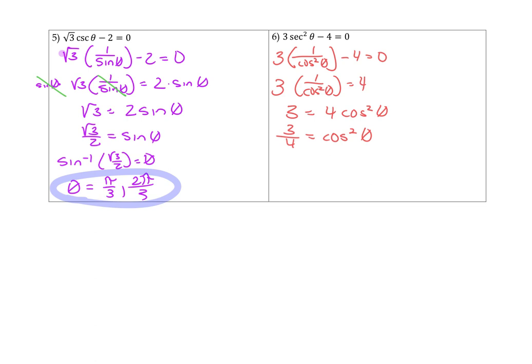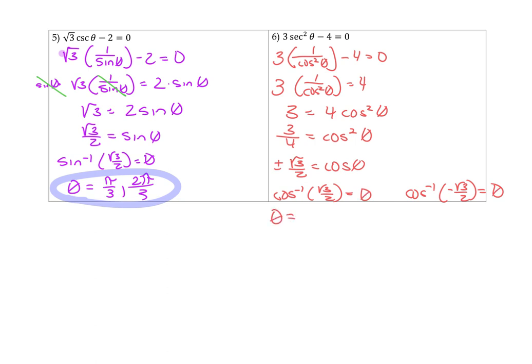I see my denominator is a perfect square. Don't forget our plus or minus. So this becomes plus or minus root 3 over 2 is cosine theta. So now I've got two solutions here. Inverse cosine of positive root 3 over 2 is what theta is, and inverse cosine of negative root 3 over 2 is theta.